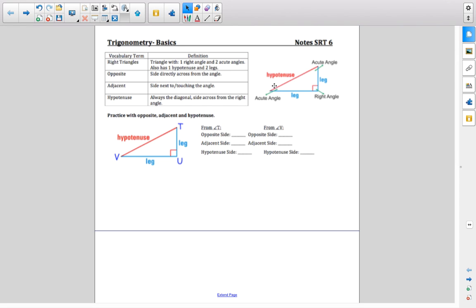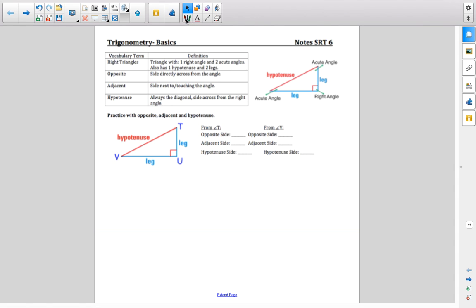So for example, this angle over here, this acute angle, has a side that is opposite it, a leg over here, and it has the hypotenuse, and it has an adjacent side, a side that touches it. The acute angle over on this side has an opposite side over here, across from it, that's its opposite, and it has an adjacent side that touches it right on the side, and of course the same hypotenuse.